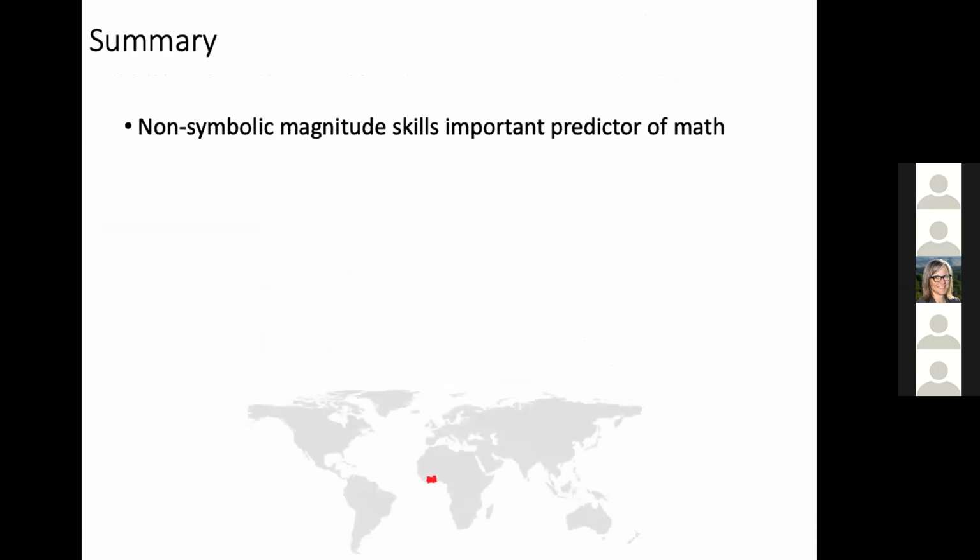So contrary to our original hypotheses, and unlike the numeracy screener studies that were conducted in Canada and Chile and Poland, we found that non-symbolic comparison is a stronger and a unique correlate of math performance in both Ghana and Cote d'Ivoire, relative to the symbolic condition.